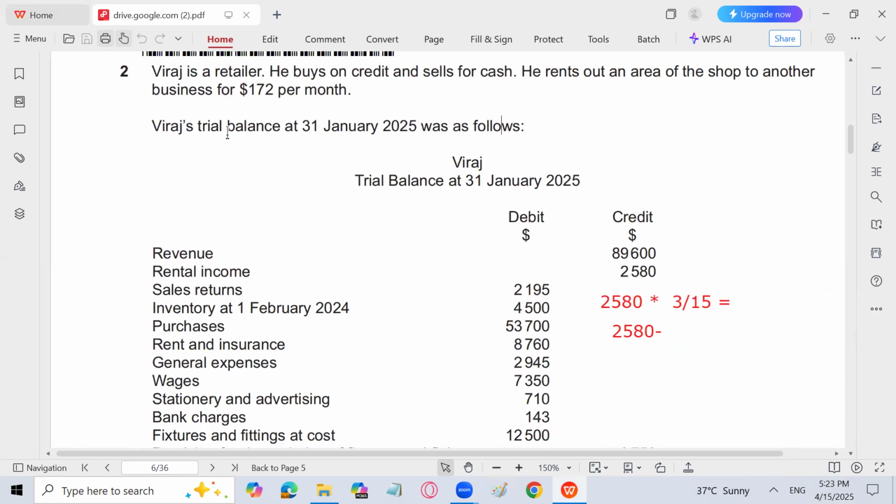The amount is 516. So 2580 minus 516 is 2064. This is the income which we are going to record in the income statement.